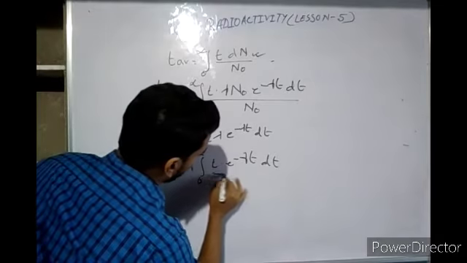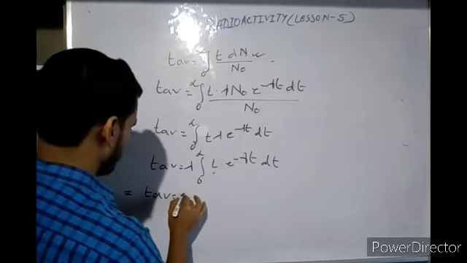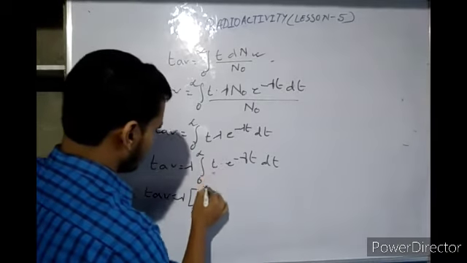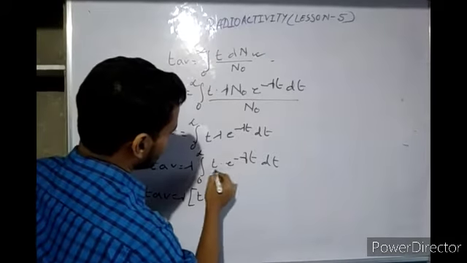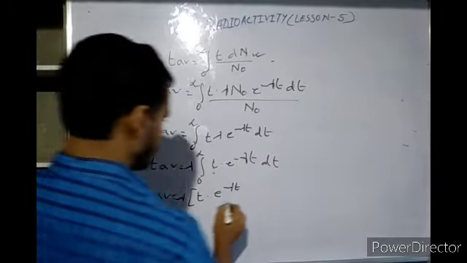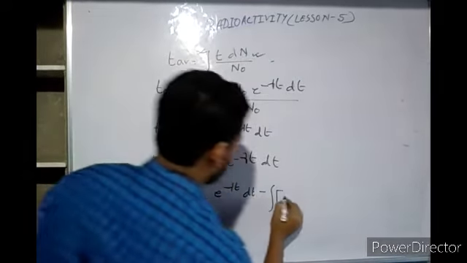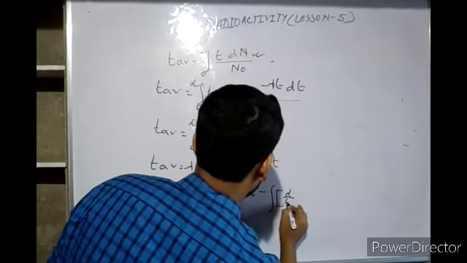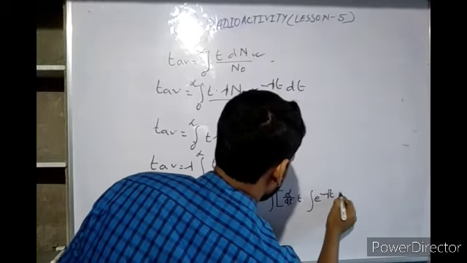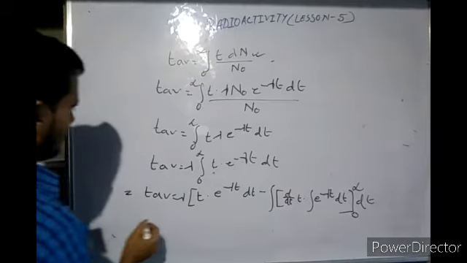This integration is solved by the by-parts method. The formula is the integral of U into V dx, where U is t and V is e to the power minus lambda t: U times the integral of e to the power minus lambda t dt, minus the integral of the derivative of U times the integral of e to the power minus lambda t dt, whole dt, from 0 to infinity.